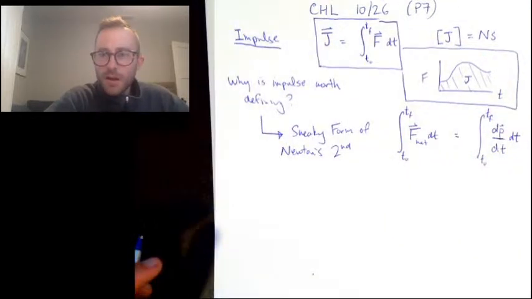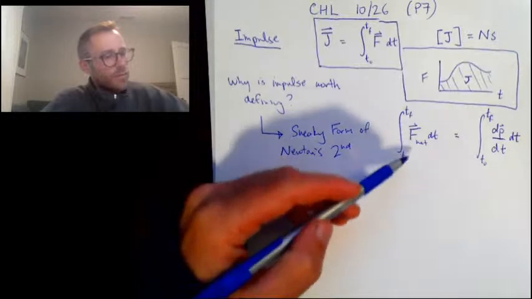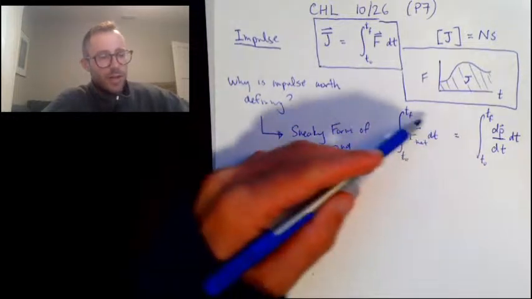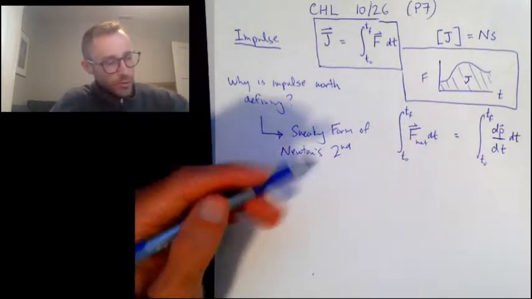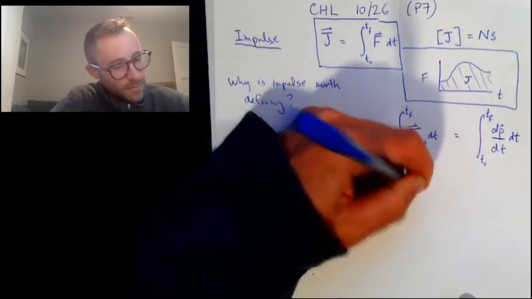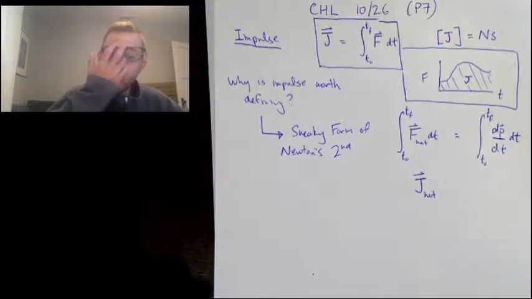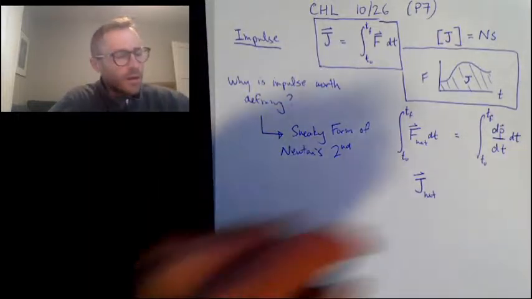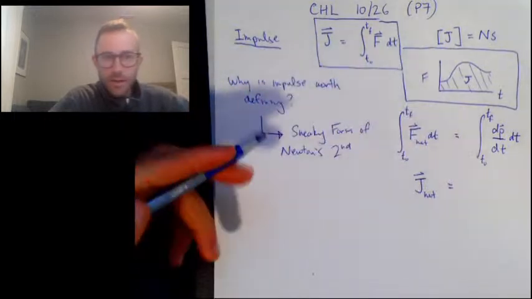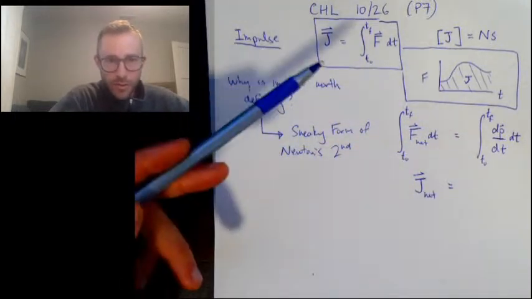On the left-hand side, we have the impulse due to the net force. On the right-hand side, we're integrating a derivative.